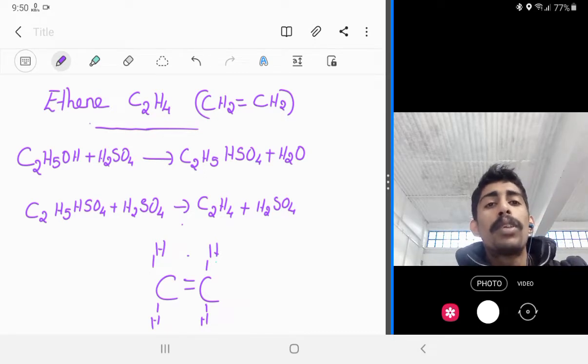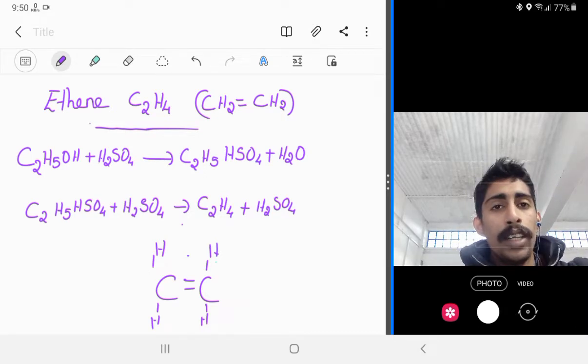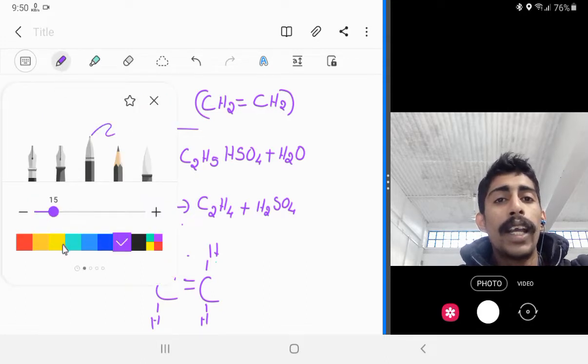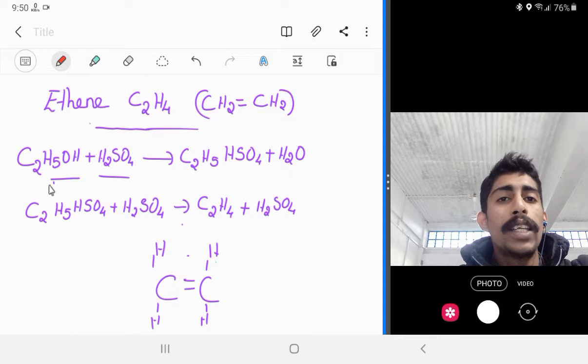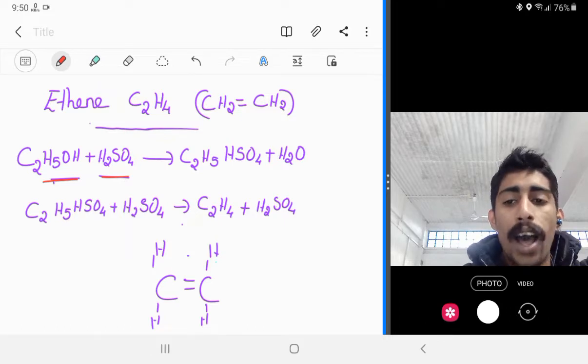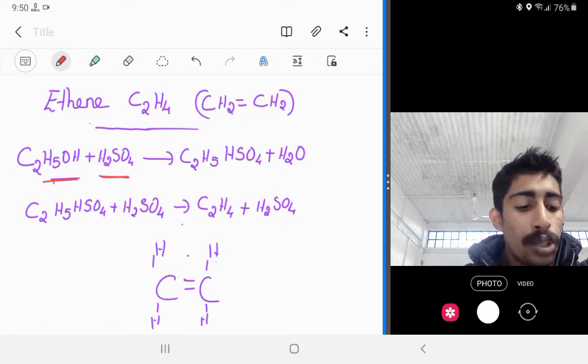For the preparation of ethene, first we have to take ethanol and sulfuric acid, plus aluminum sulfate, in a round bottom flask, as in figure 11.2 on page number 205.